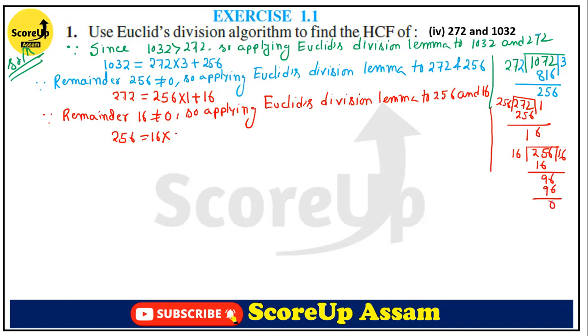That means 16 into 16. How many times will it go? 16 times plus 0, right? So here, what is the remainder? The remainder is 0.